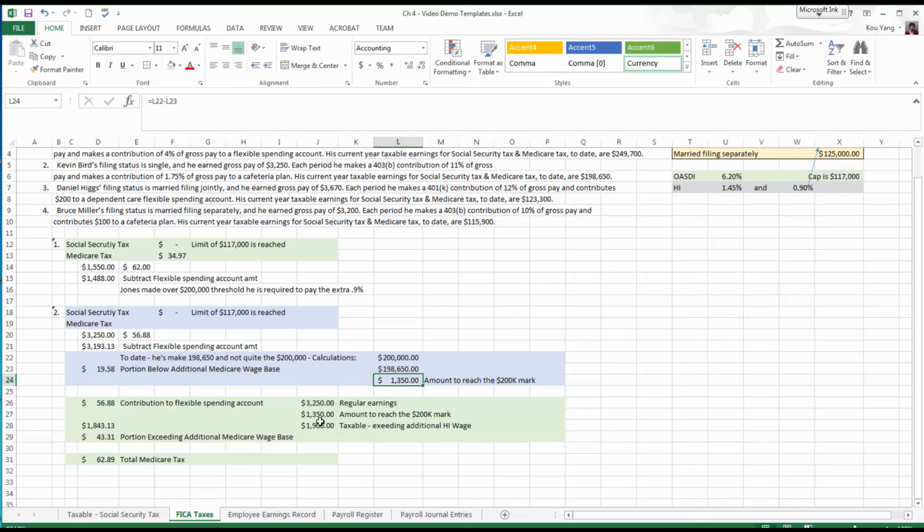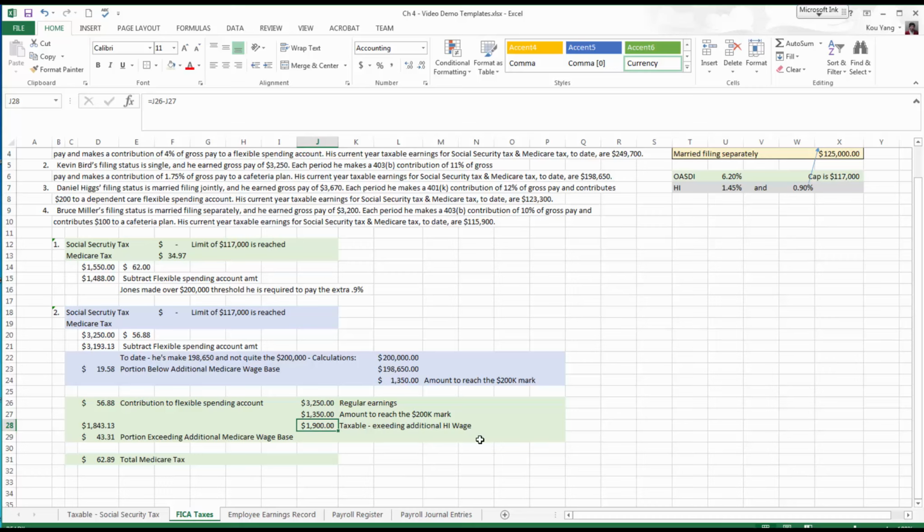The difference then, okay, was found by taking his regular pay, subtract what I have already counted under the 1.45% rate to equal 1900, which is what's above the $200,000, or what we say has met that additional HI wage.